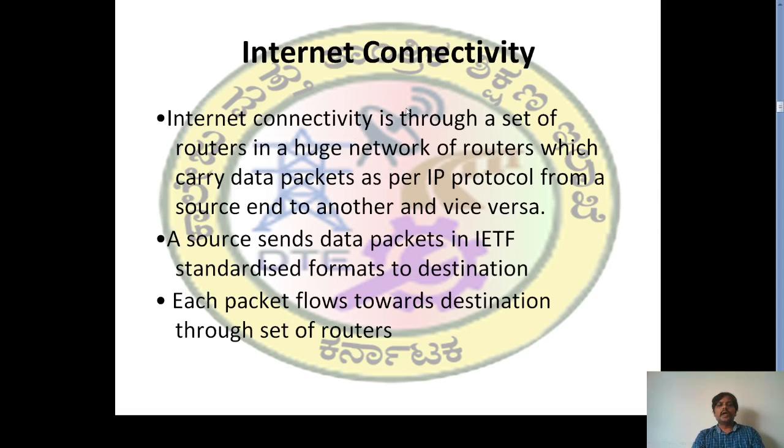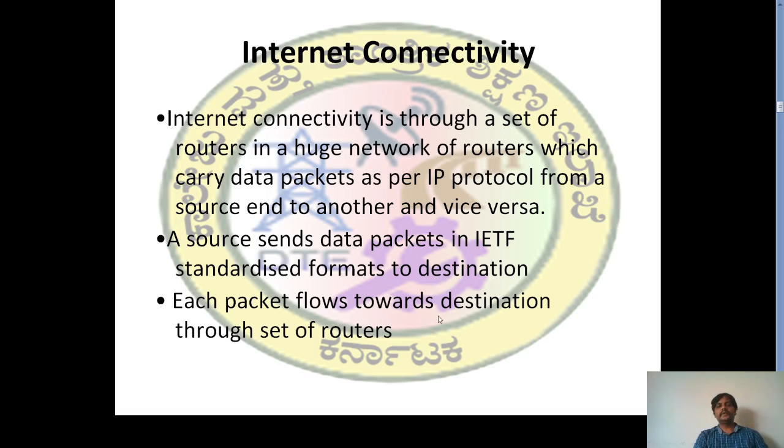Internet connectivity happens through a set of routers in a huge network of routers which carry data packets as per the IP protocol from a source end to another end, that is the destination end, and vice versa. A source sends a data packet in IETF standardized formats to the destination, and each packet flows towards the destination through a set of routers.